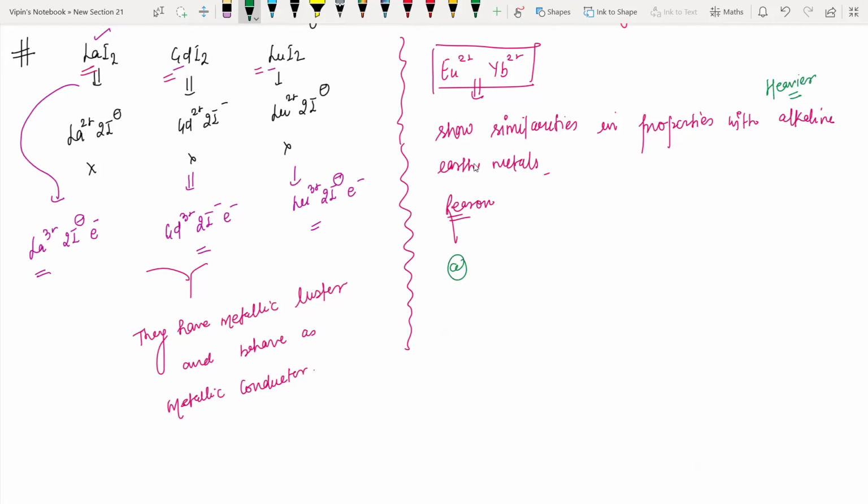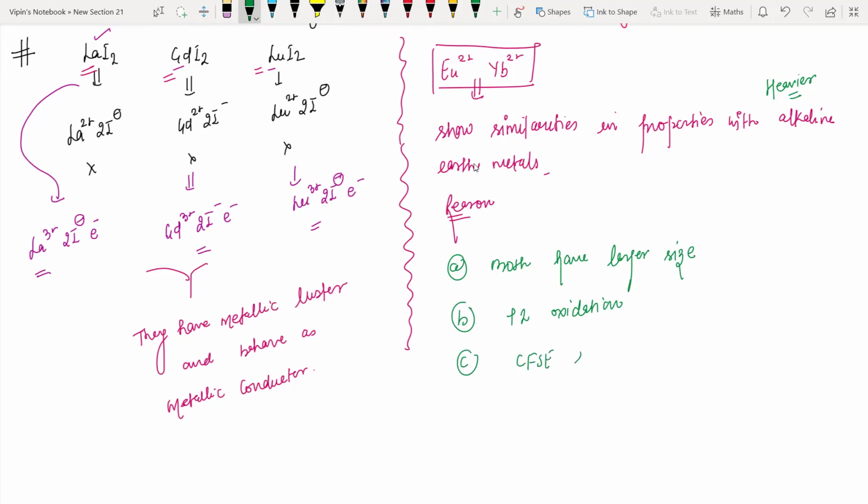First, both, meaning europium, Yb and alkaline earth metals, both have larger size, right? Common plus 2 oxidation state. Also, the CFSC is nearly zero.